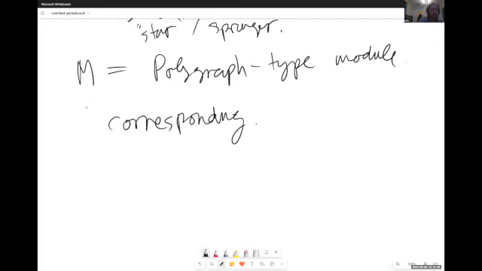And in this case, the sheaf that this corresponds to is the Procesi bundle tensor with itself. And if I put a K here, then there would also be copies of the tautological line bundle on the Hilbert scheme. So this is a polygraph type module.